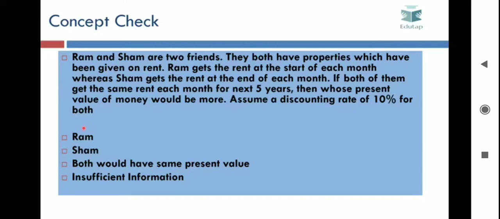So in annuity due, the period for which you are calculating the present value is less because it starts at the start of each month. Since the period for which you are calculating the present value is lesser for annuity due, the present value in case of annuity due would be more, right? So in this case, the answer would be Ram.